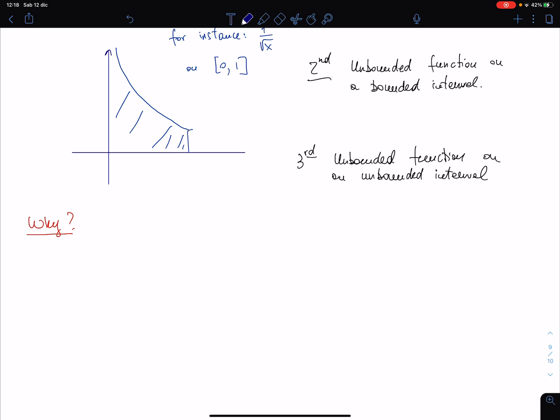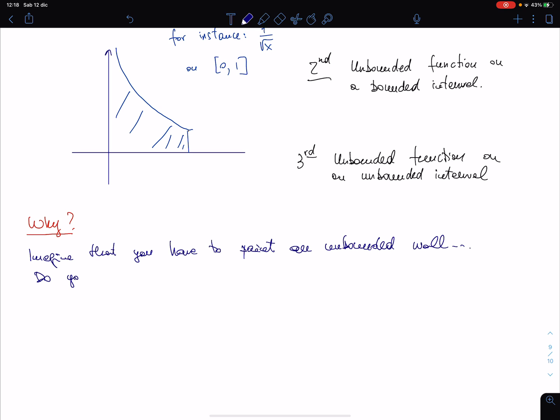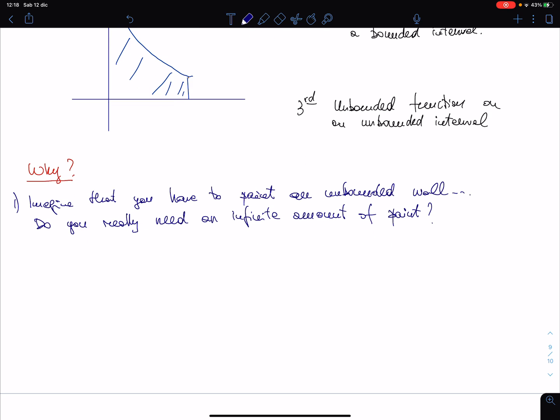First, imagine that you have to paint an unbounded wall. Do you really need an infinite amount of paint? This is the first question. And the second, some examples.